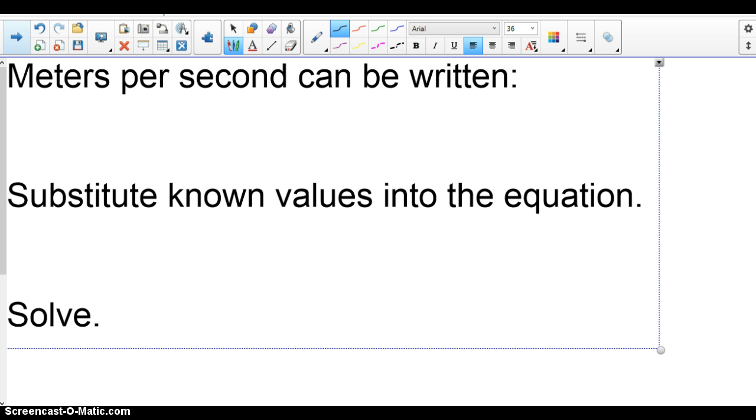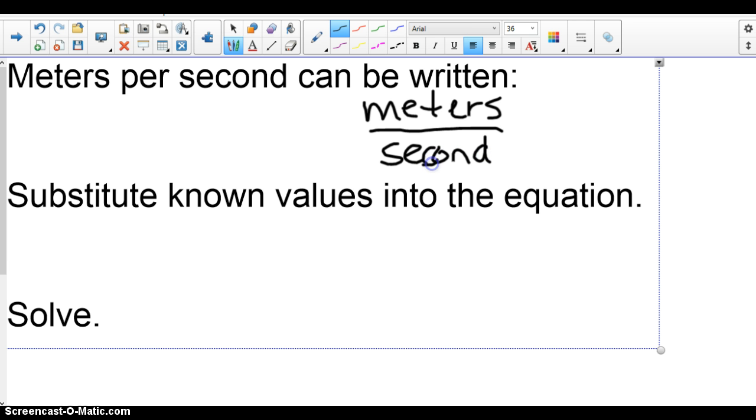So meters per second, just so you know, can be written meters divided by seconds. And again, that fraction bar means divided by, but it also means that word per. Think of miles per hour. We're talking about meters per second.